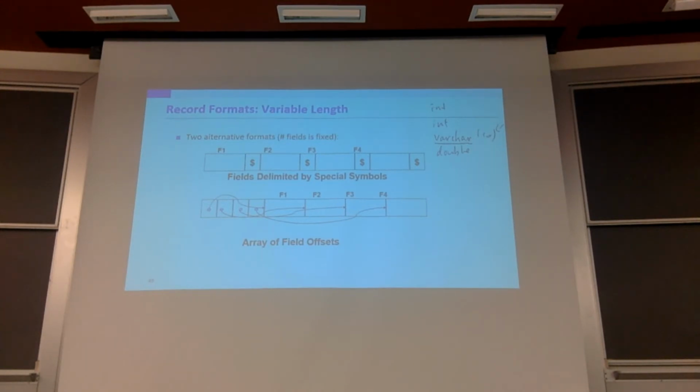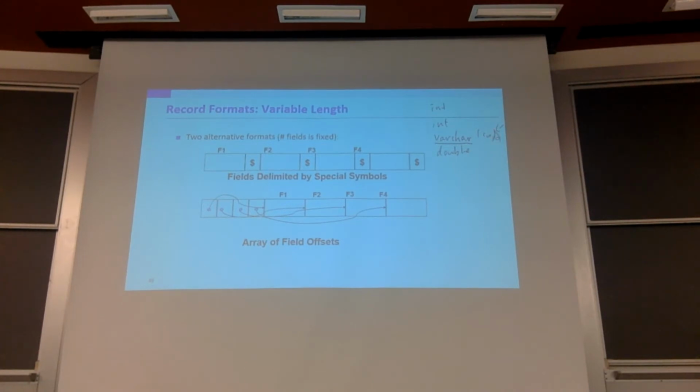The simplest way is just to use the maximum length, so basically just waste a bunch of bytes. Use the same format as the fixed length record, but that way you are potentially wasting a lot of bytes. Here it is only 10, but what if it's 1,000?